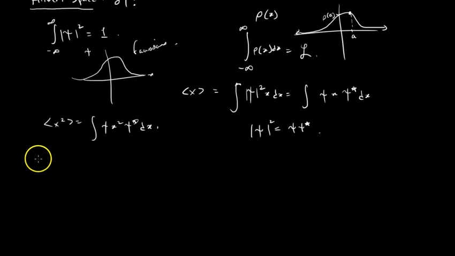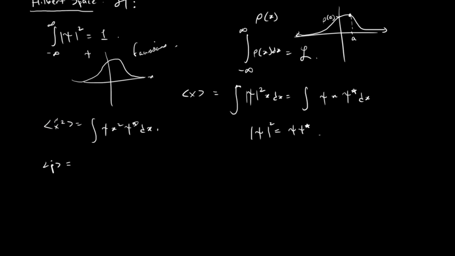But here, let me show you the expectation value of p, the average value of p over all the reals. This is a little bit different because p is actually an operator. x is also an operator, which we will get to. Operators are Hermitian.